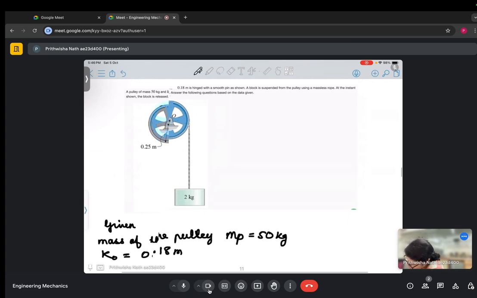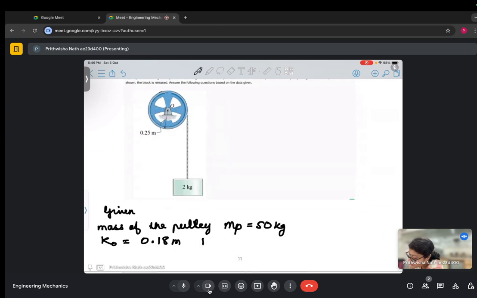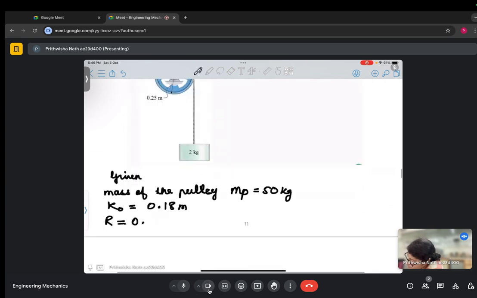R is radius of the pulley. Let it be capital R, 0.25 meter, and MB is 2 kg. That is the mass of the block.